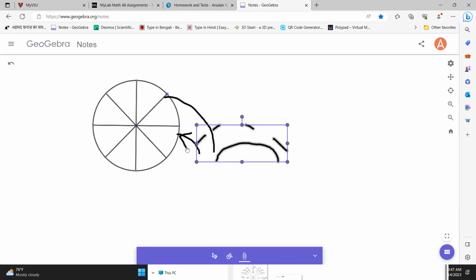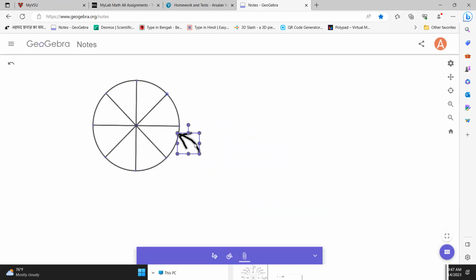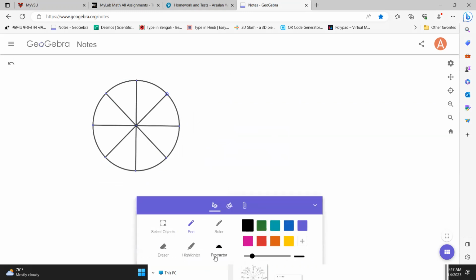Make it a little smaller. All right. This is going to be pi over 2. If the whole thing is pi, this is going to be pi over 2. And this is pi, and this is going to be 3 pi over 2, guys.